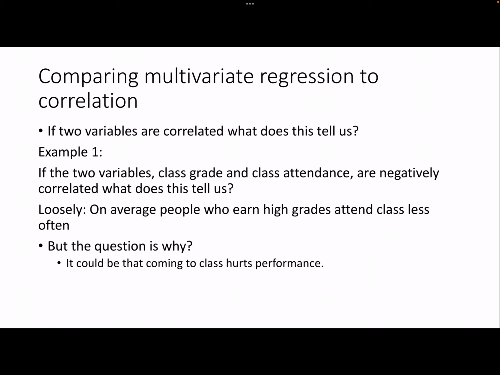It's not a perfect measure of ability, but it does control for a lot of things. Once we control for these two things, multivariate regression allows us to look at two people who have the same prior GPA and same ACT score, but one comes to class more often. Then we found that there was a positive relationship. Even though we didn't have two people exactly like this, if we compare two people with the same prior GPA and same ACT score, but one comes to class more, they would do better in class.